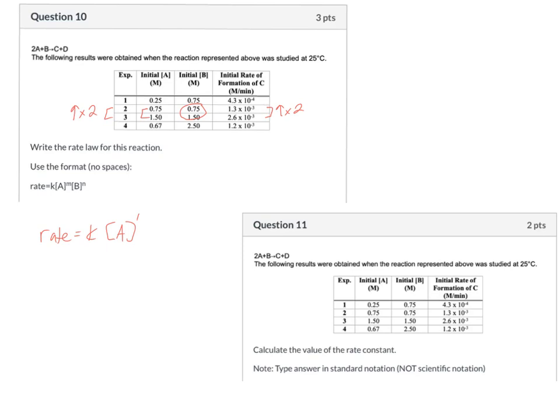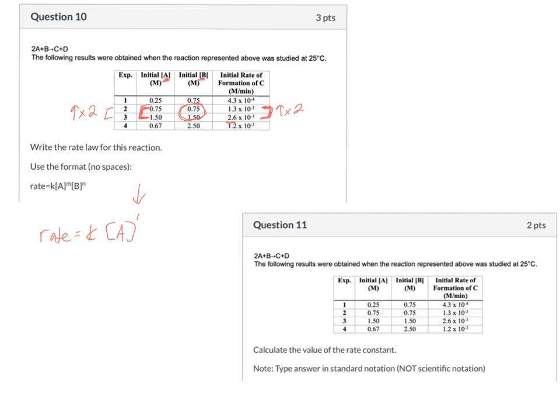We know that A is first order, as we just pointed out down here. If A is first order, this increase by a factor of 2 here should reflect an increase by a factor of 2 in the rate. So check, that fits the bill for substance A. Now with B changing, we would think that this would have an effect on the rate too, and that this rate 2.6 would be even higher, but it's not higher.